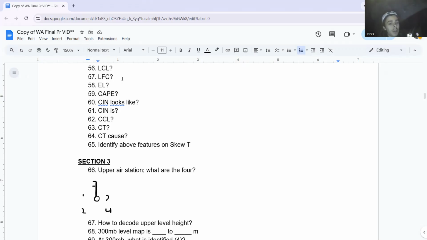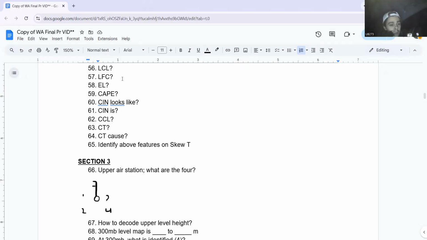So it's the height at which the parcel becomes saturated, basically where the cloud base will be. LFC is the height where the parcel becomes warmer than its surroundings and will start to rise.